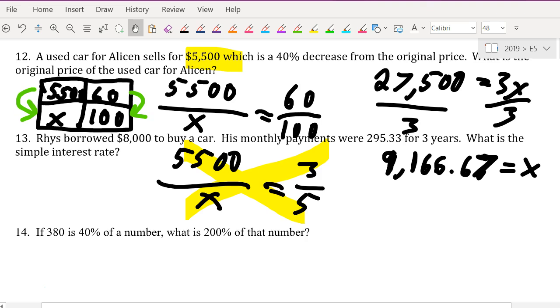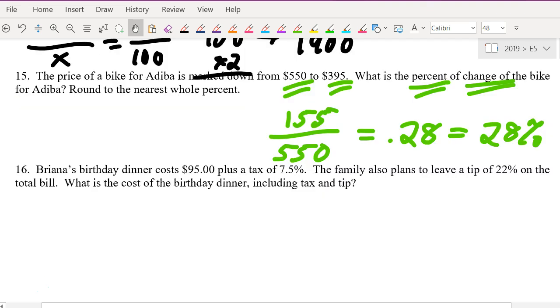You can round it. Dinner costs $95, but they also have tax and tip. I'll give a prize to the person who can do this in one step. Kyle, you want to try it?